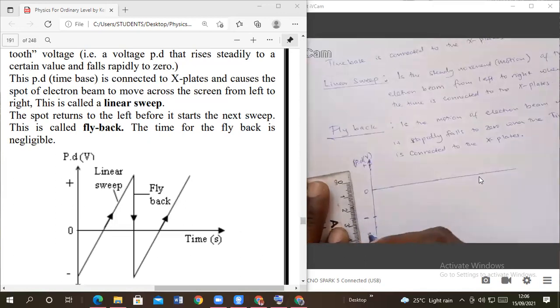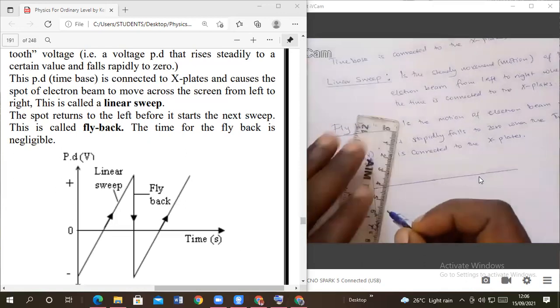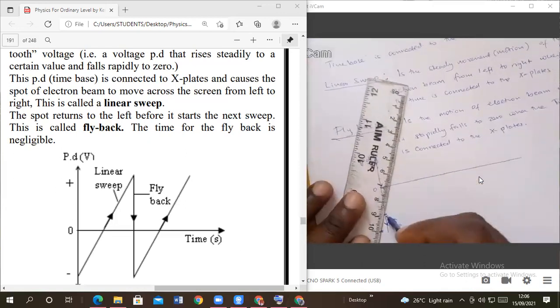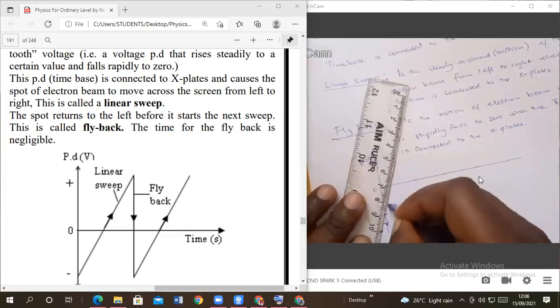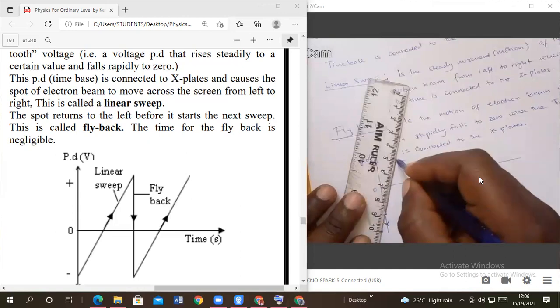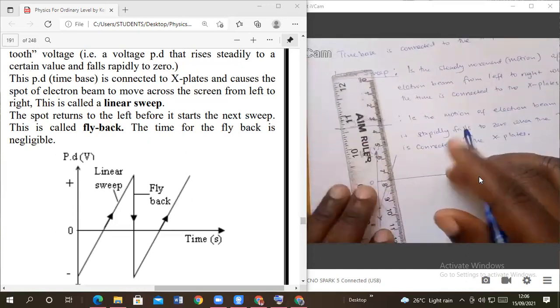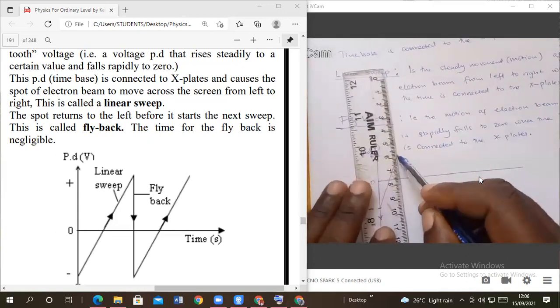I'll have my negative this side. Then afterwards it falls to 0 rapidly.